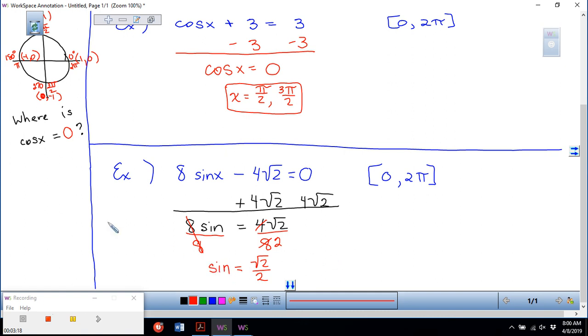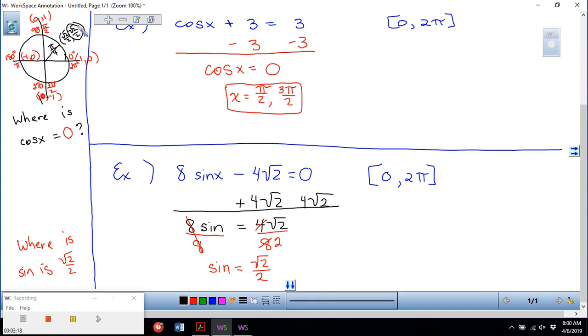So now what we're going to do is go look on our unit circle, and we're going to try to find the places where sine is square root of 2 over 2, and it needs to be positive. So if I come up here to my unit circle, there are 2 locations where sine has a positive square root of 2 over 2, and that would be at 45 degrees or pi over 4. Again, we're looking for the second value of each ordered pair.